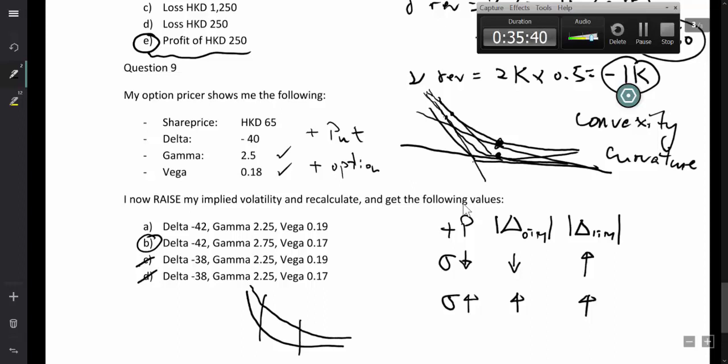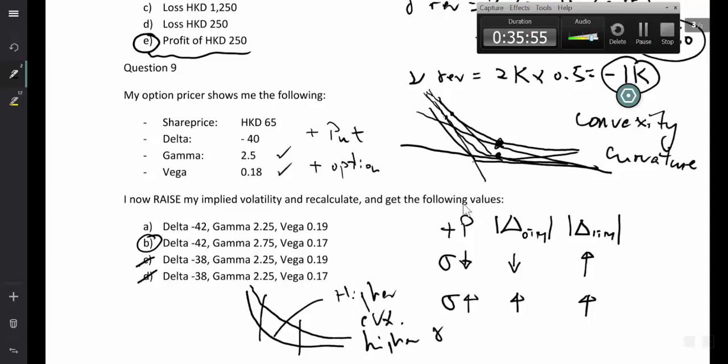So this is higher convexity or higher gamma. But now we are actually going the other way. You are raising volatility, so your gamma actually will drop.